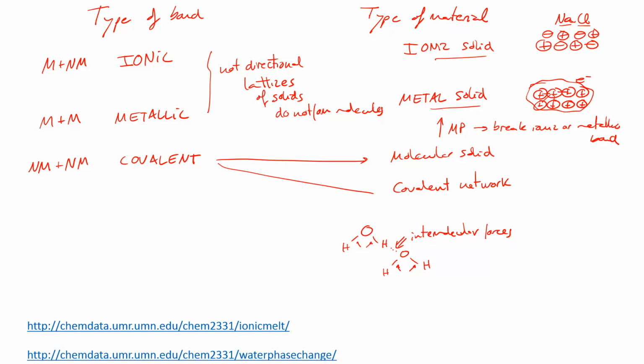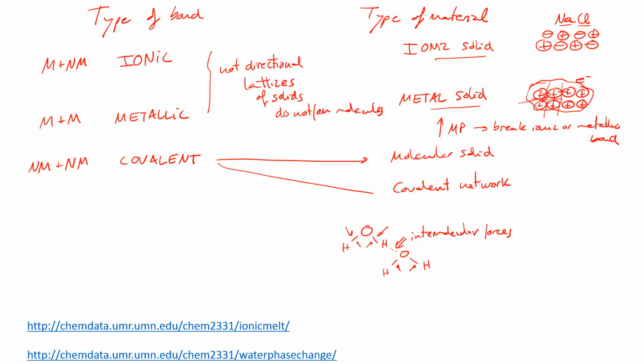To break the structure of the solid, it takes a lot of energy because you need to break all these interactions. However, when you are melting a molecular solid, what you are breaking is not these covalent bonds, you are breaking the intermolecular forces.